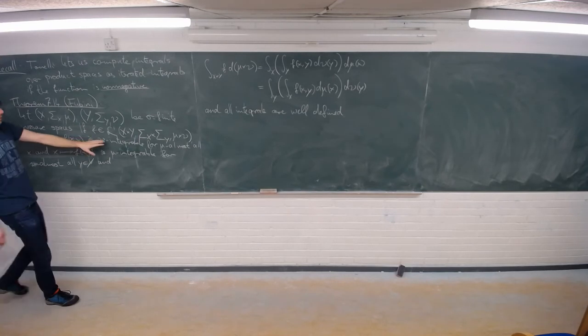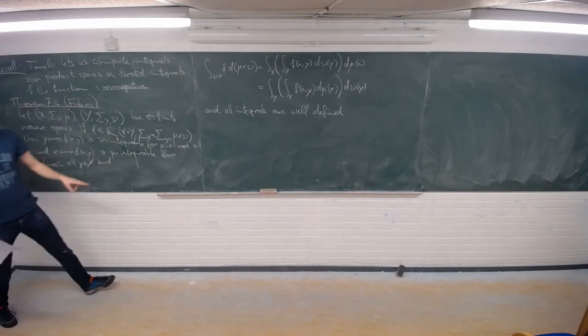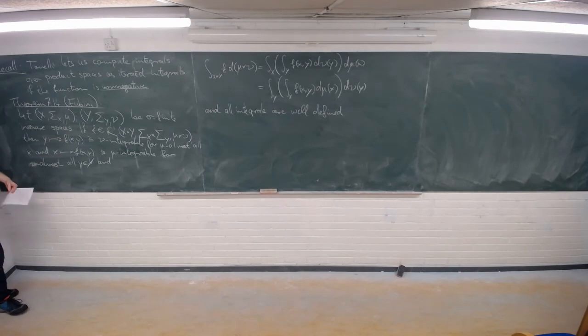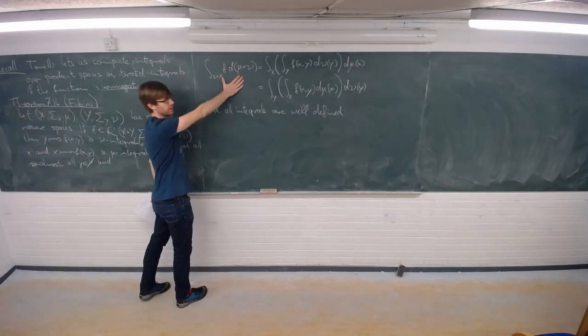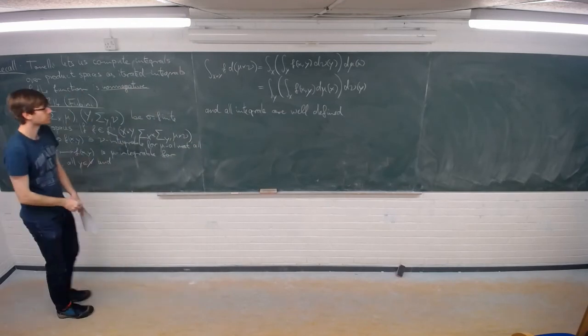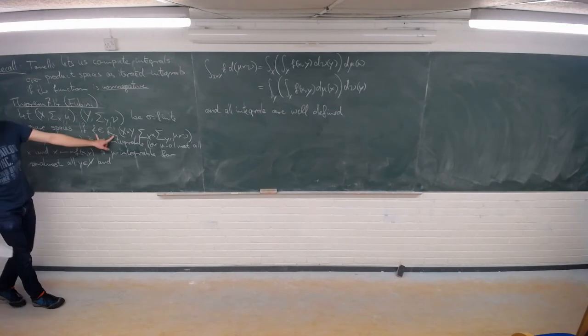In Fubini's theorem, however, f is assumed to be in L1 of the product space. So this integral with respect to the product measure has to be finite, or has to exist. So this assumption is stronger in Fubini's theorem.